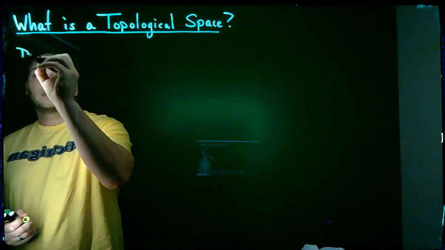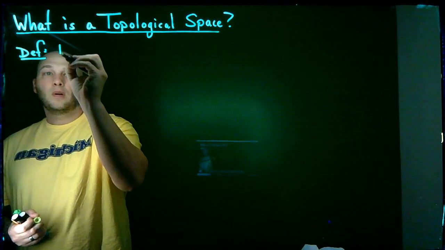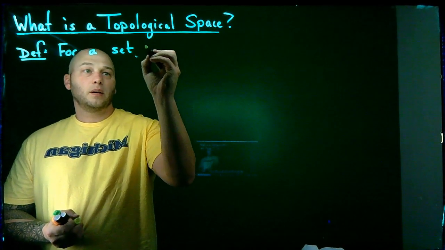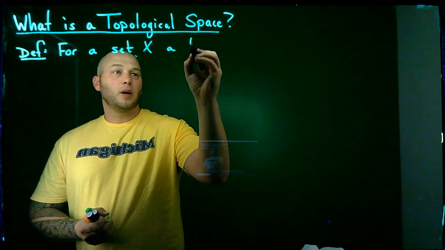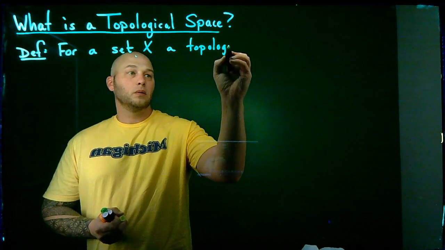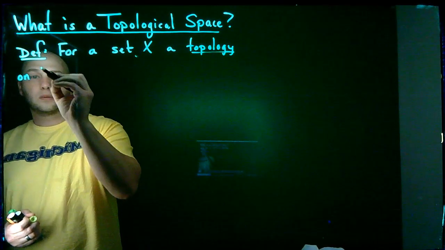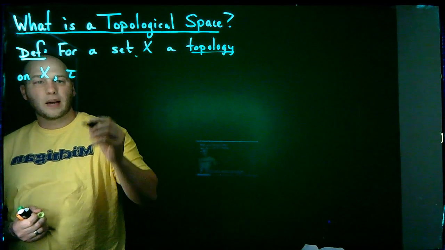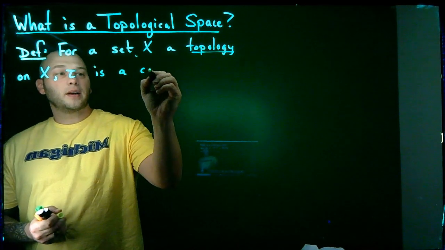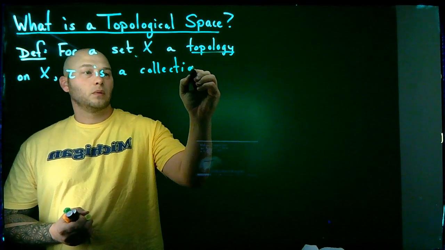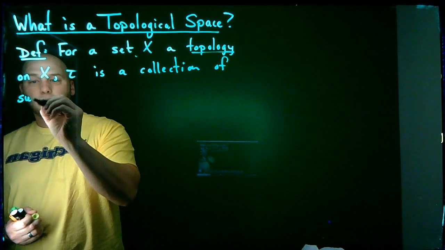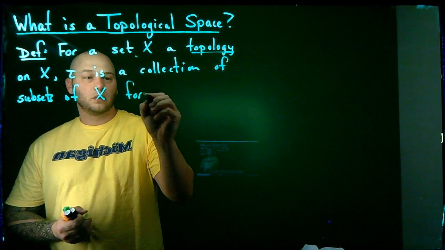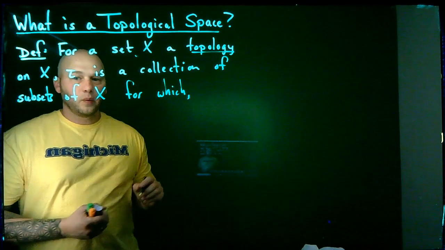Definition. For a set X, a topology on X, traditionally labeled with the Greek letter tau, is a collection of subsets of X for which the following properties hold.